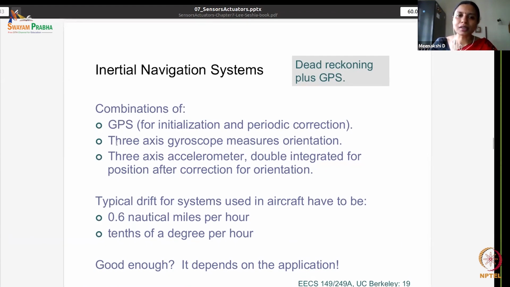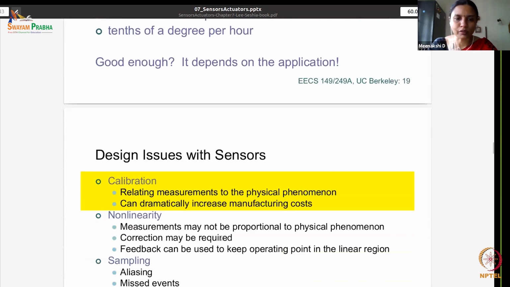So this is a combination of three sensors which caters to an inertial navigation system. And these sensors have problems. There could be drifts, as if they're used in an aircraft, so we have to adjust the drift. We have to make sure that the data is right. It all depends on the application that you're going to use it for.